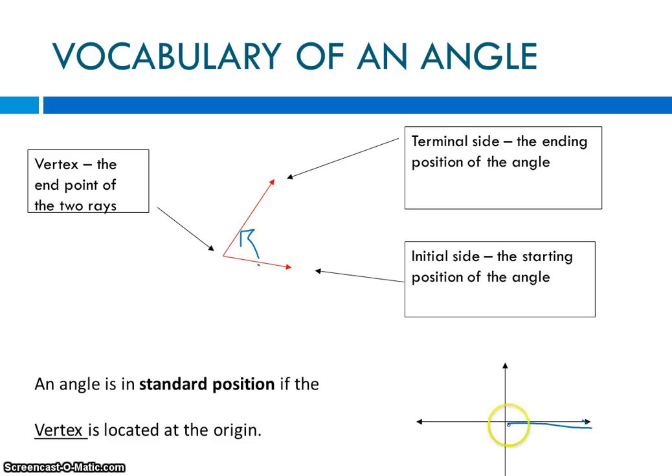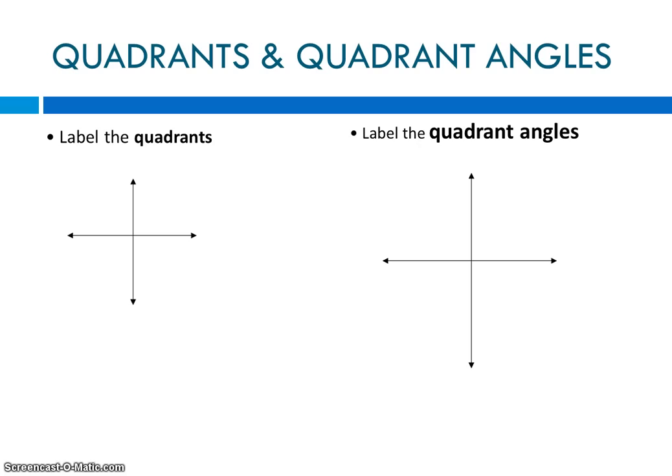And I can draw the other side going out, and that would be my angle drawn in standard position. So again, we have the initial side and the terminal side. And in trigonometry, we are going to be drawing our angles in what is called the positive direction, which I will get to shortly.